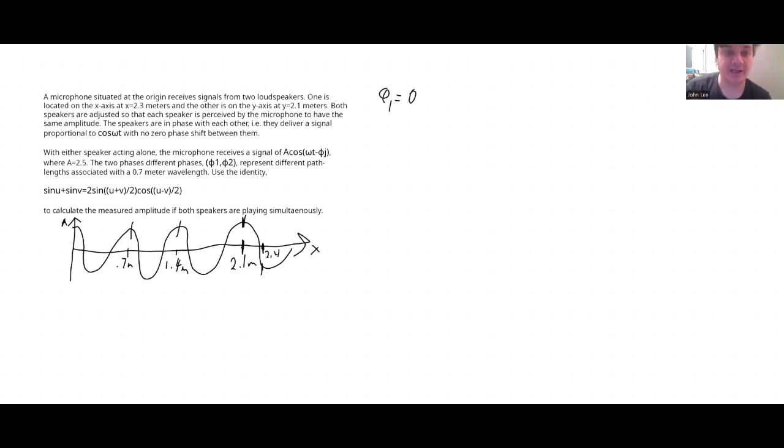So the way that we find phi at this angle is noticing that phi 2 over 2 pi is going to be equal to how far off you are from the initial peak over lambda, so delta x over lambda.